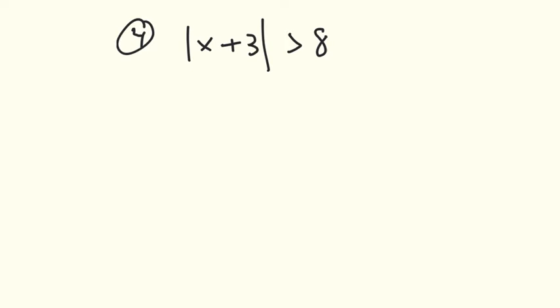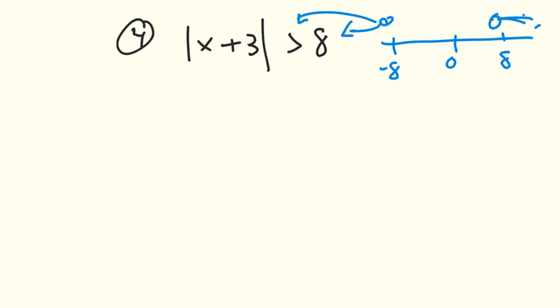Okay, we've got, in this case, a greater than inequality. Here they're saying that this expression, x plus 3, its distance from 0 is greater than 8, which means that the whole expression is someplace outside that range.